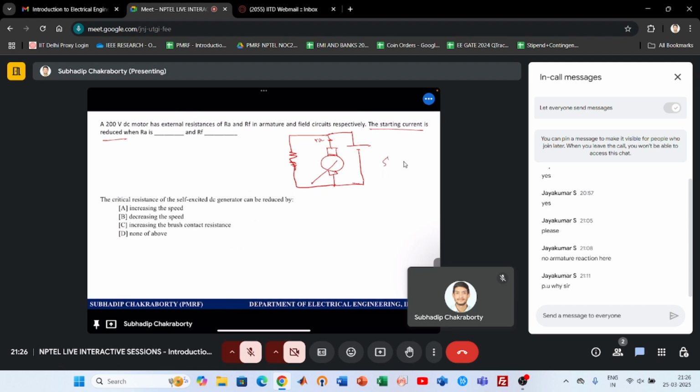So since at starting your speed is 0, so your EB is 0, and your VT minus EB by RA is your IA. Now IA is too high at start, since EB is low. EB is 0, right? So what can you do?